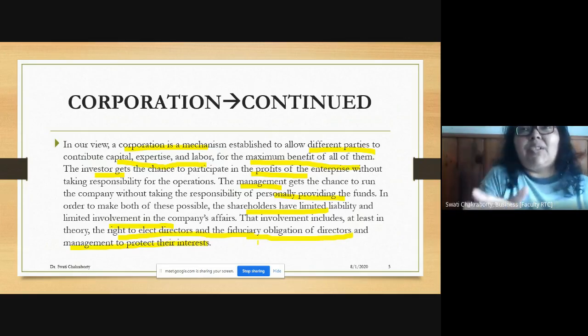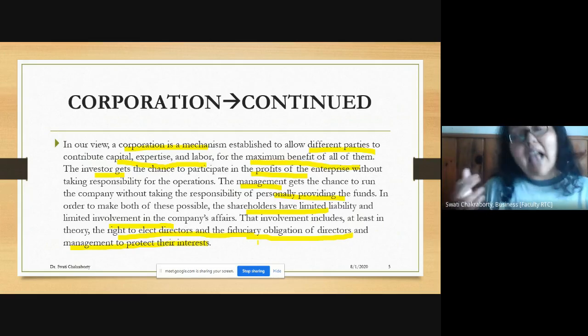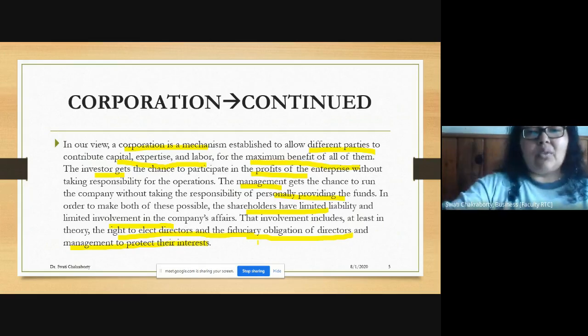Fiduciary means a legal obligation, bound to. So shareholders provide money, and in return the directors and management have to protect the interest of the shareholders.